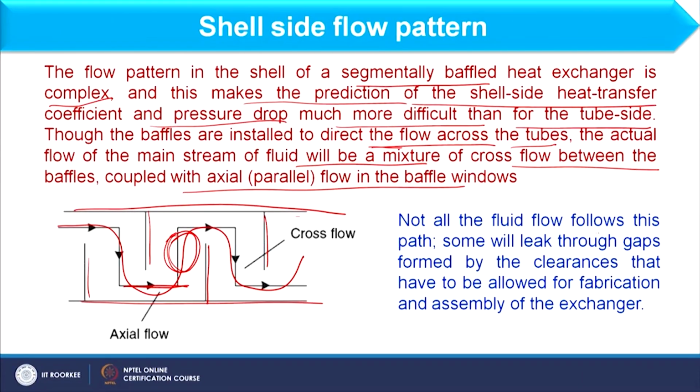So, not all the fluid follows this path. Some will leak through gaps formed by the clearances that have to be allowed for fabrication and assembly of the exchanger. Because baffles are inserted over the tubes, holes should be prepared in the baffles.